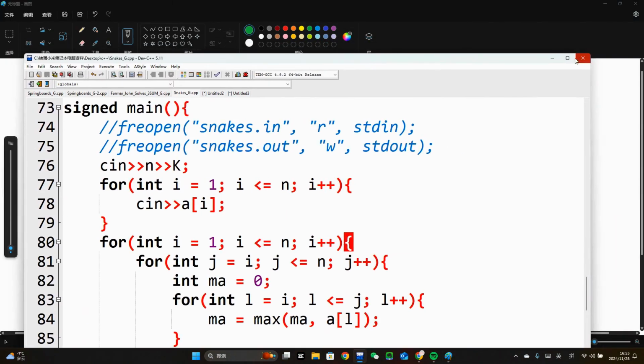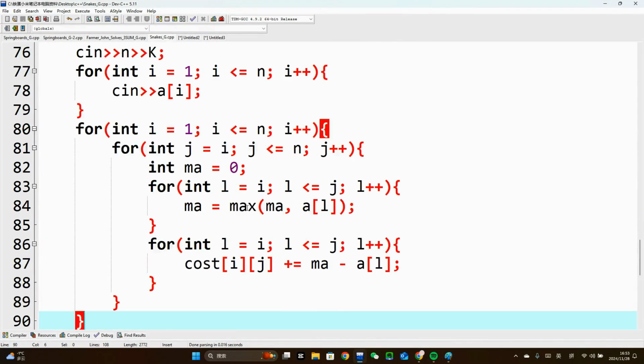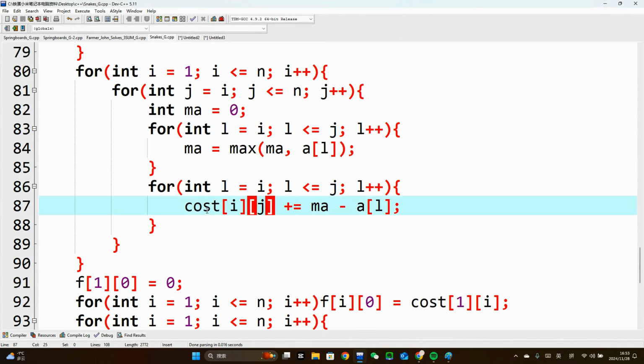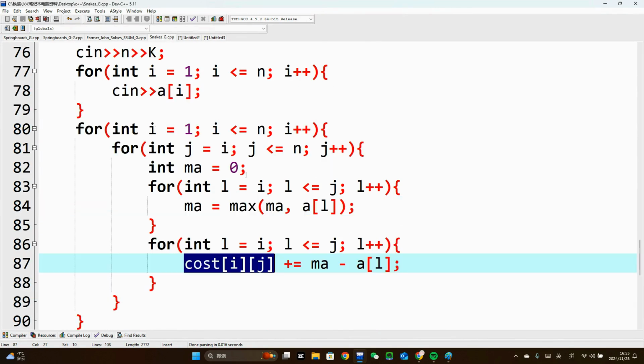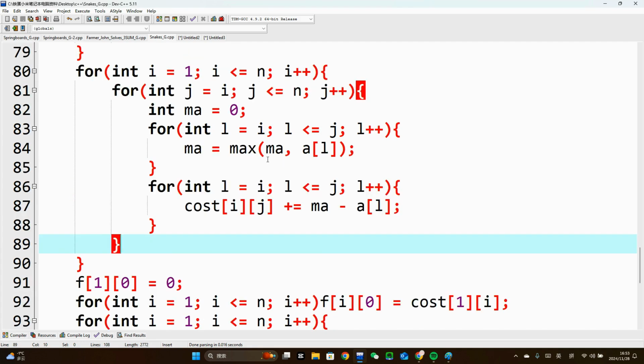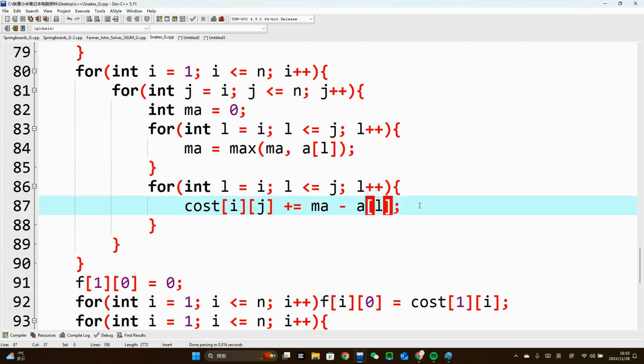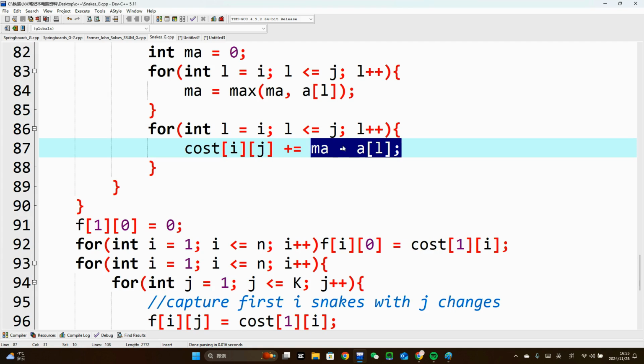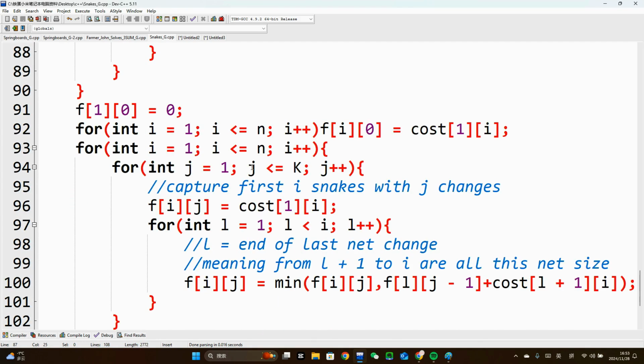So here's my implementation of the algorithm. Obviously, this is the pre-processing, and it's pretty easy. I use the array cost[i][j], equal to the amount of waste you need to capture the groups i through j with just one net size. It's the maximum, and then you take the maximum minus every single one to find the cumulative waste.